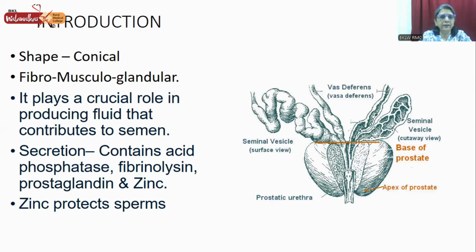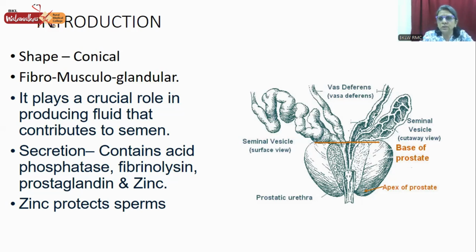As it is a gland, it secretes some secretions which contribute to the semen in males, and the secretion is acidic because of the acid phosphatase it contains. Also it contains some fibrinolysin, prostaglandins, and the zinc which protects the sperm.